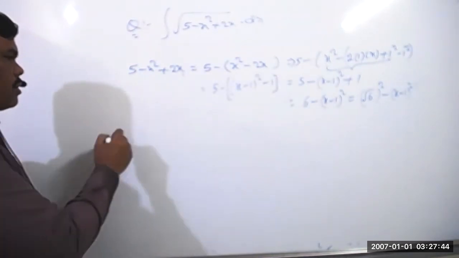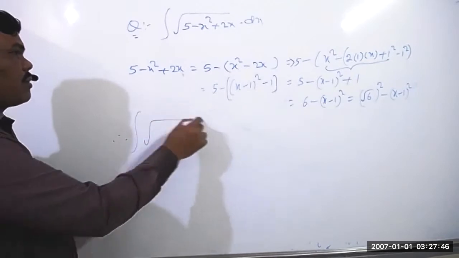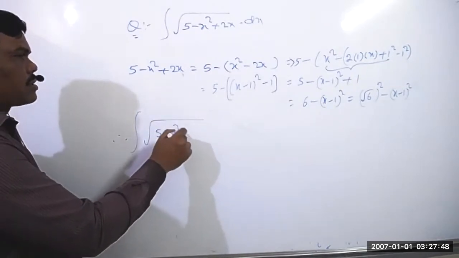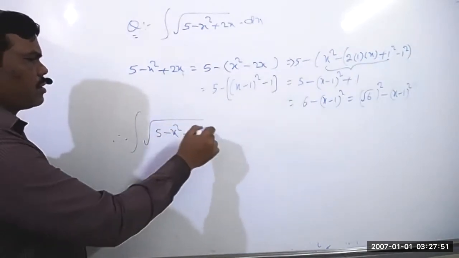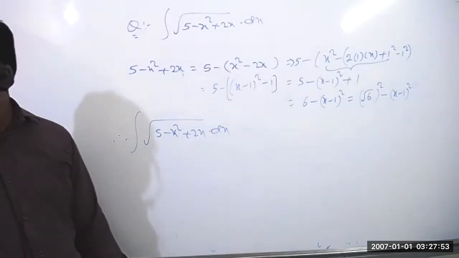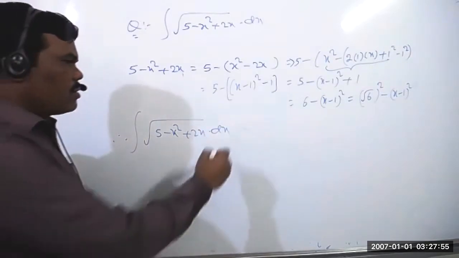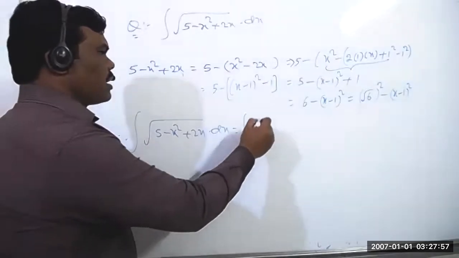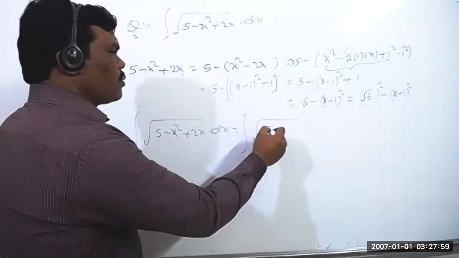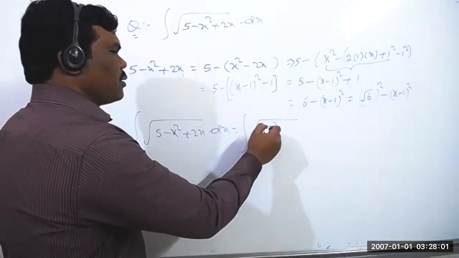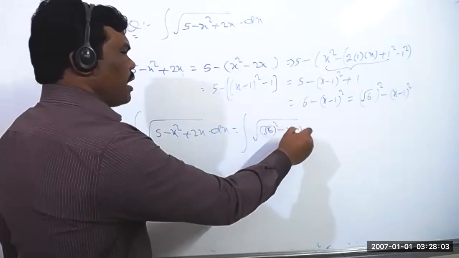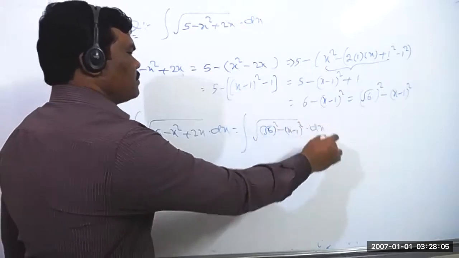Therefore, integration of root of 5 minus x square plus 2x into dx is equal to integration of this one, you can write now root of root 6 whole square minus x minus 1 whole square into dx.